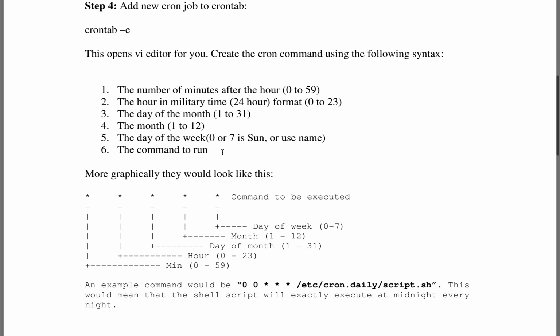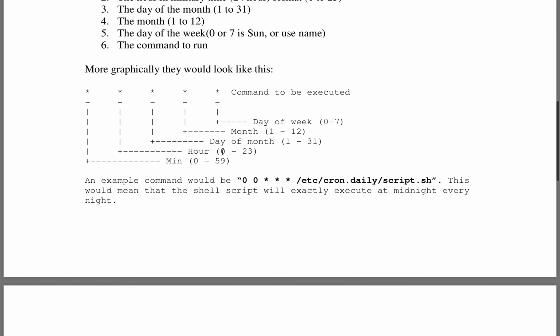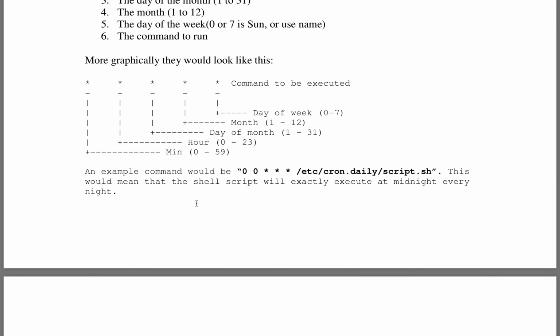And then a useful diagram here, which I think they do describe in the manual page as well, about how it has these 5 different fields that control the different times where the cron job is going to be executed.